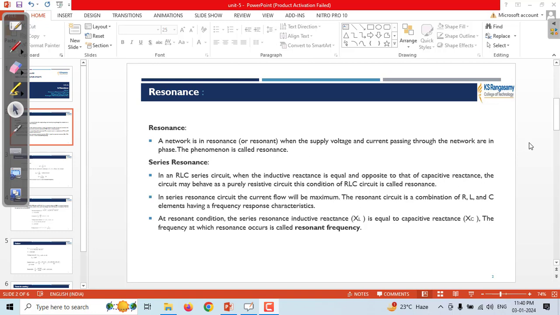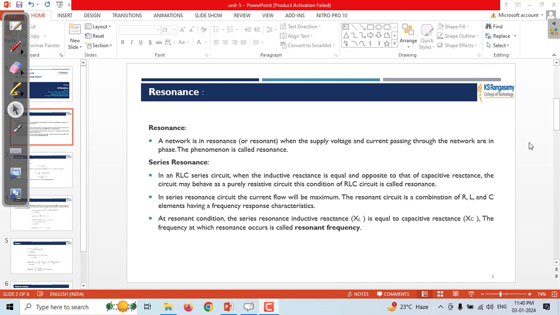If you take the RLC series circuit, the resistor, inductor and capacitor are connected in series across the voltage source. At a particular frequency, the capacitive reactance and the inductive reactance are equal in value but opposite to each other.